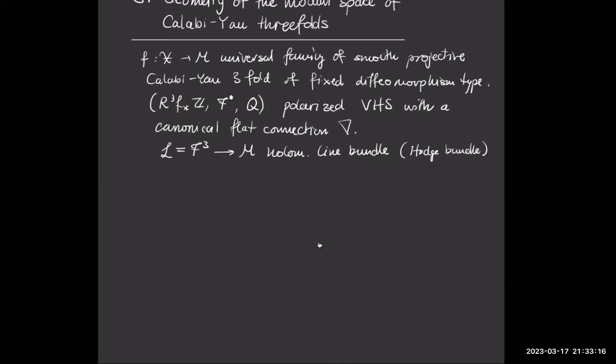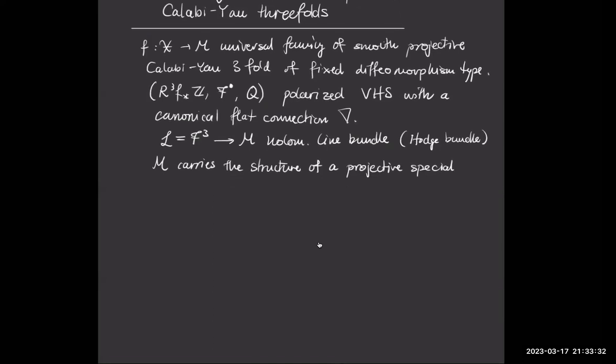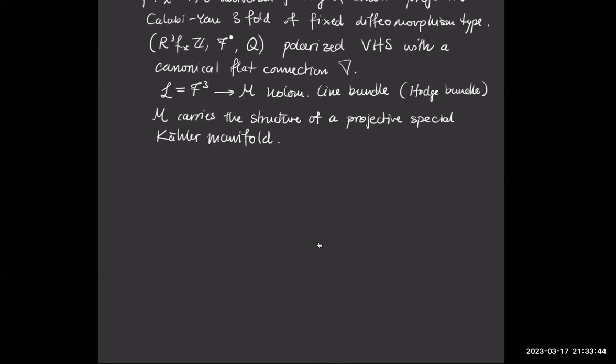Now, the crucial point about Calabi Yau threefolds is that M carries the structure of a so-called projective special Kähler manifold, and this structure is central to everything that's happening on this moduli space. But today I only need part of it.